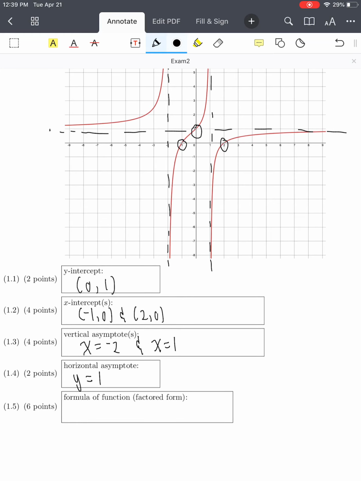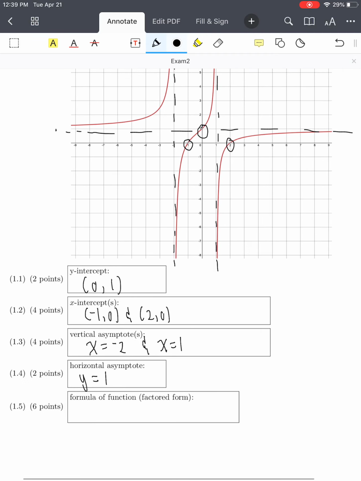Okay, now we want to find a formula for this function in factored form. We already have all the information that we need. Remember, the x-intercepts basically go in the numerator, the vertical asymptotes go in the denominator.